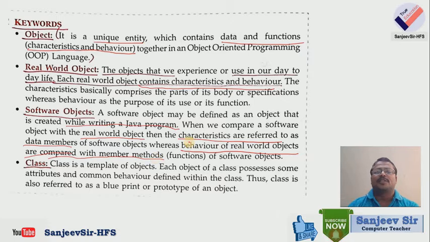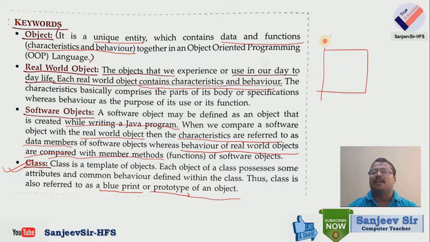Okay, so this is the concept that we have to understand. And a group of similar type of objects is known as a class. Class will define objects; this is the blueprint, the prototype of an object.